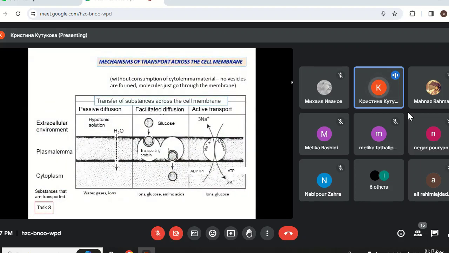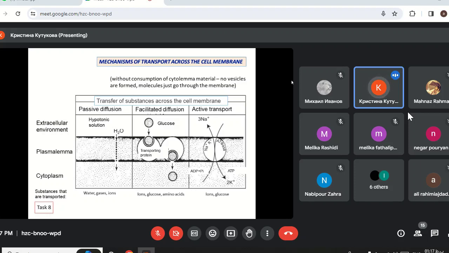Next, we will discuss the mechanism of transport across the cell membrane of some substances and molecules. So the cell is exchanging with extracellular matrix with different molecules all the time. So these molecules should somehow pass through the membrane inside the cell or outside of the cell.